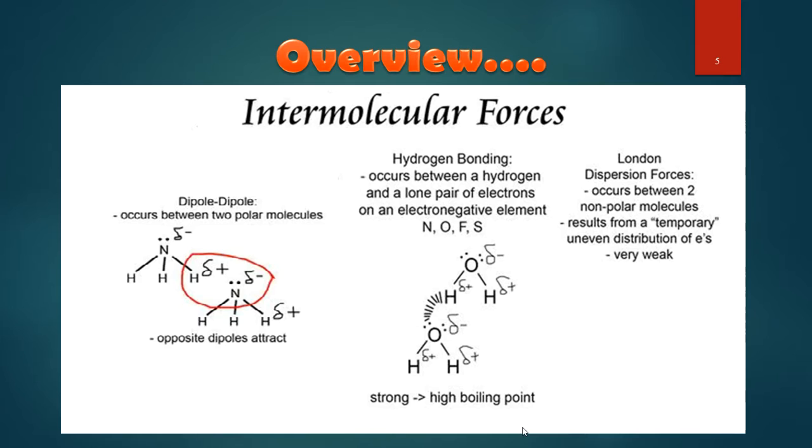It occurs between a hydrogen at the positive end and a lone pair of electrons on an electronegative element such as nitrogen, oxygen, chlorine, or sulfur. It forms a hydrogen bond, which is extremely strong compared to the other intermolecular forces because the degree of polarity is higher. These are the three types that usually exist in liquids.